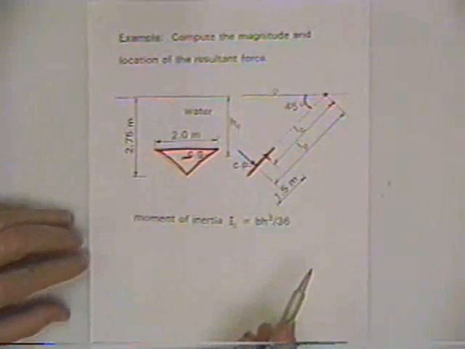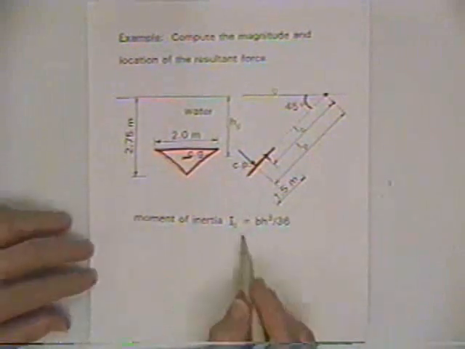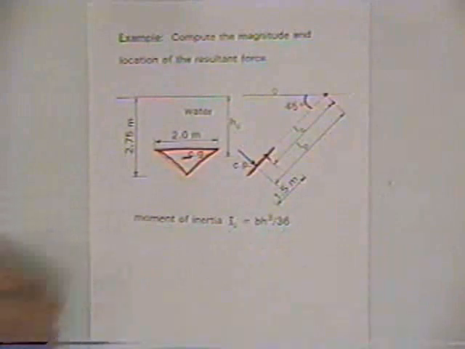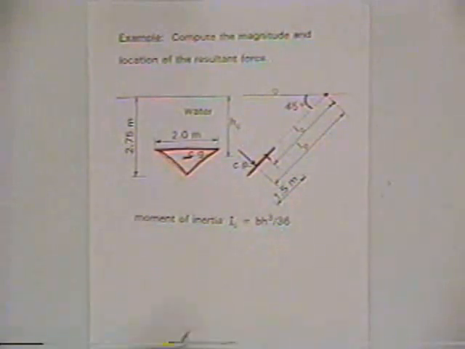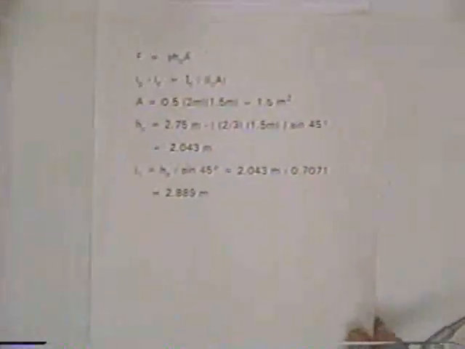And in your Fundamentals of Engineering reference handbook, it gives formulas. There's a table that gives formulas for moments of inertia, so we can get the formula for triangular shape, and using that information, go through the computations. And so let's do the computation.